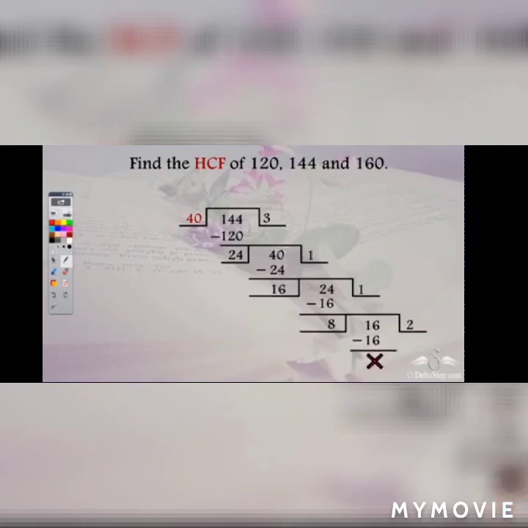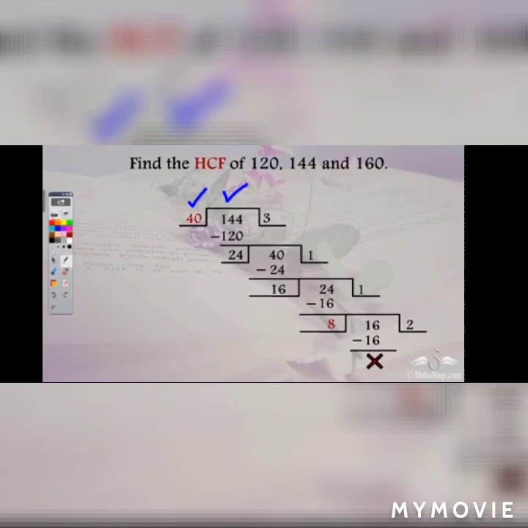So finally, I get 0 as the remainder. And what will be the HCF? The HCF is the divisor of the last step. Which is the last step? This. What is the divisor of the last step? 8. So 8 is the HCF. 8 is the HCF of what? 8 is the HCF of 40 and 144.